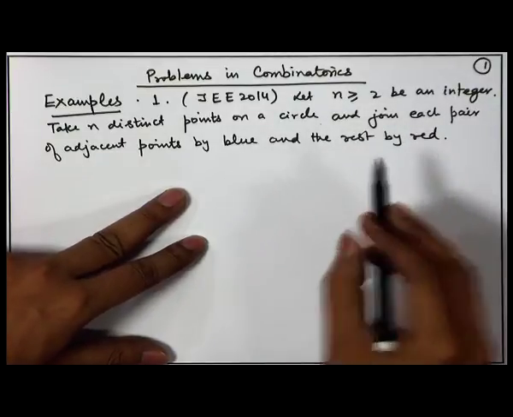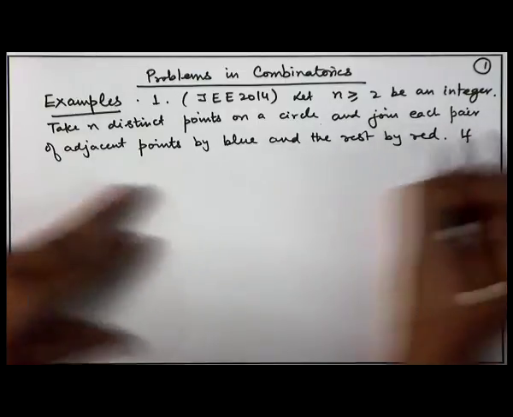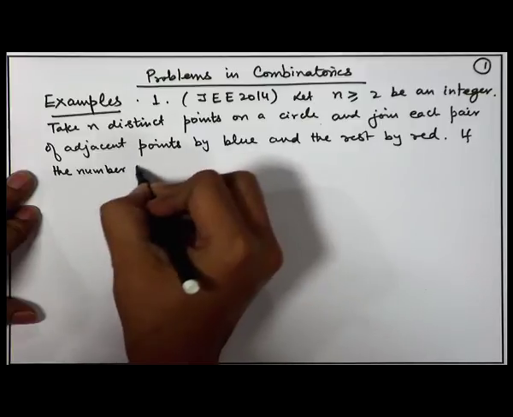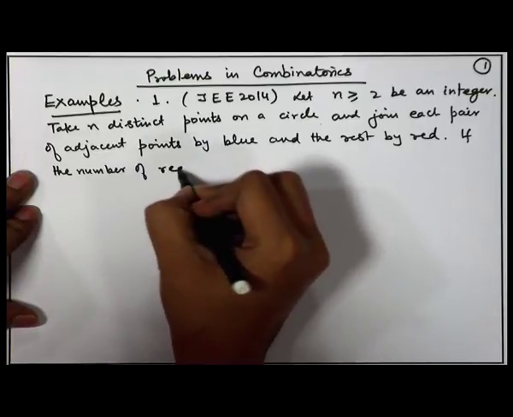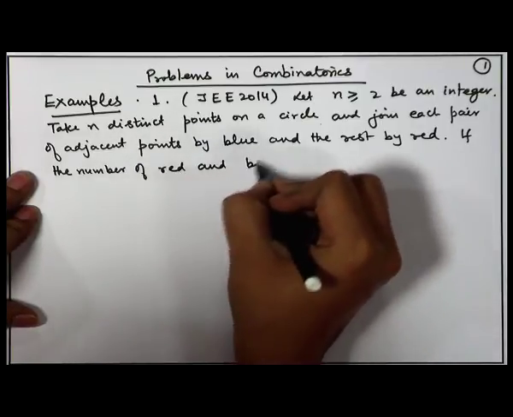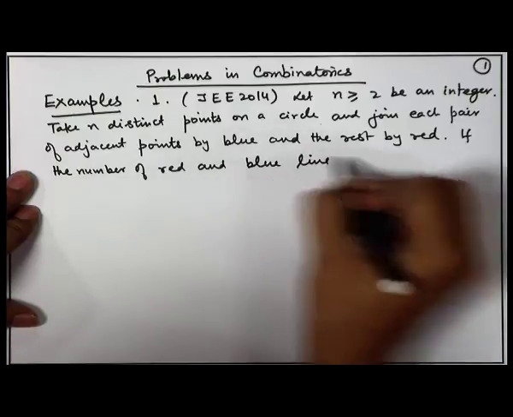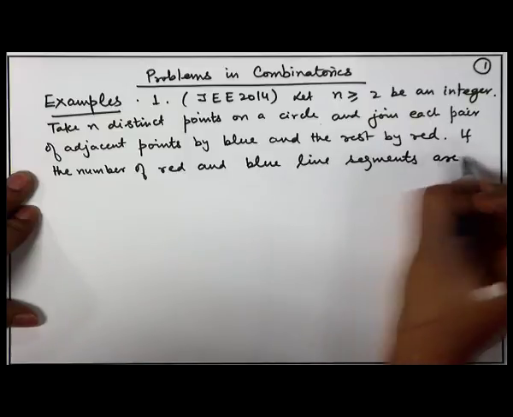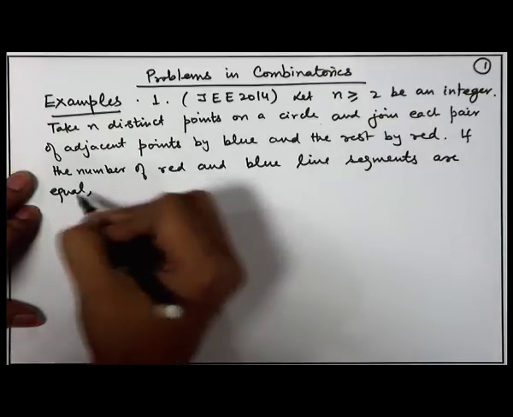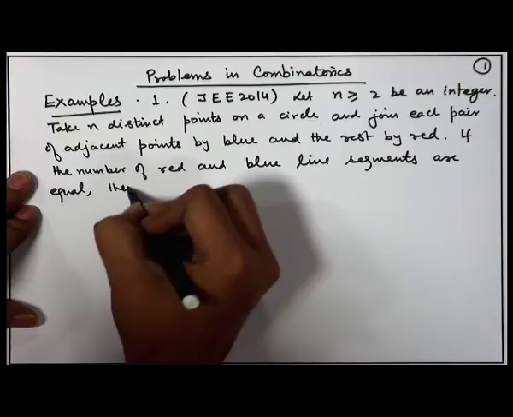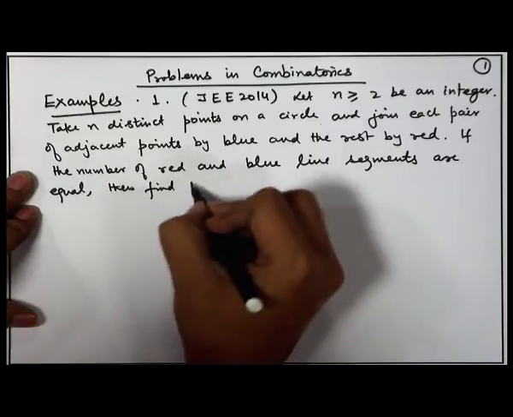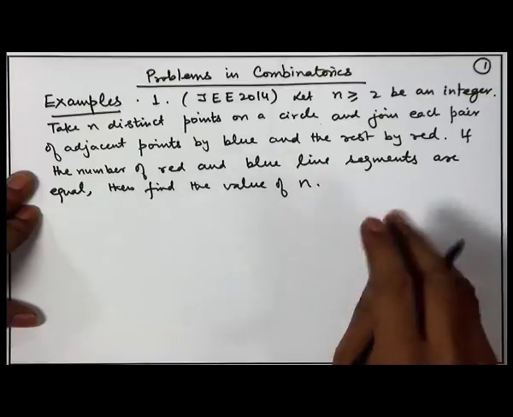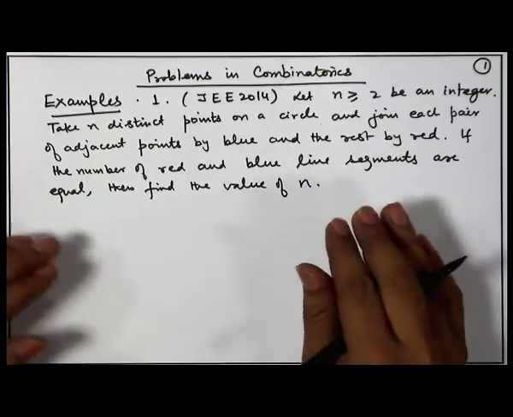So, if the number of red and blue line segments are equal, then find the value of n. So, let me read the problem again.